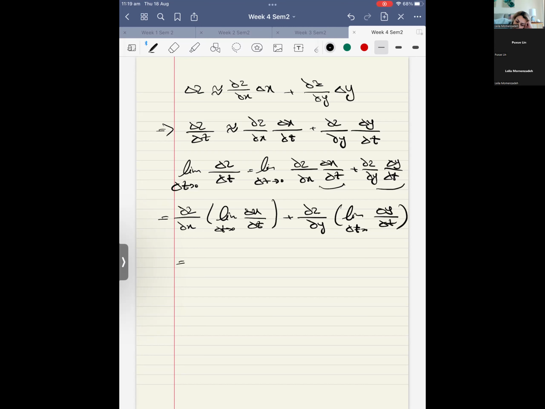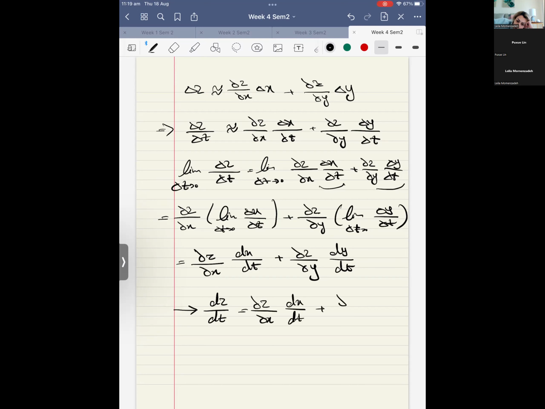At the end you have dz over dt equal to ∂z/∂x dx/dt plus ∂z/∂y dy/dt.